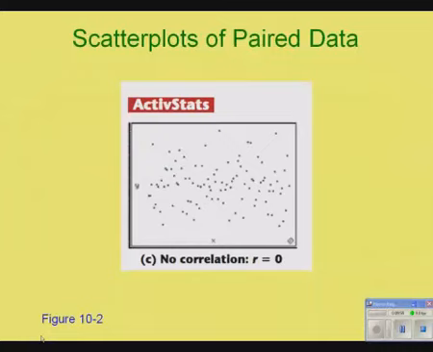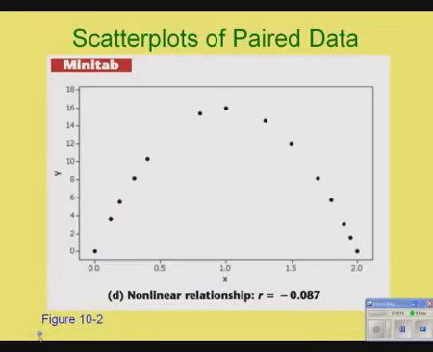Here's an example of no correlation. Do you see how that is not linear? If it's not linear, you can't say we have a linear correlation. All right. Now here's a nice example. Here, you could get software to give you an R value, but this is what they call a nonlinear relationship.